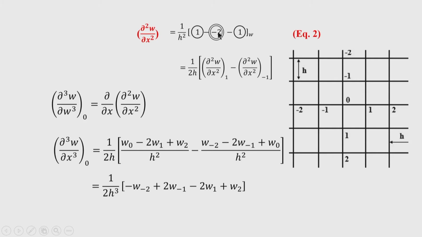Now, you can see this is the stencil for curvature. So, the center point, the coefficient of deflection at the concerned node, that is node 0, is minus 2 and towards right it is 1 and towards left it is also plus 1. Okay. So, these are the coefficients. Okay.